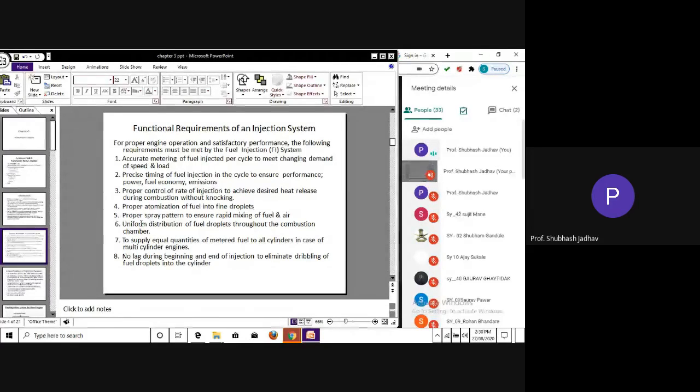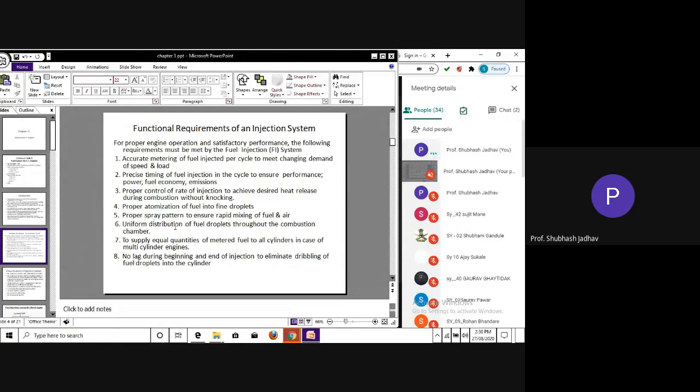The spray pattern is again important. So the spray pattern, whatever you are going to get when you are injecting the fuel into the combustion chamber, becomes a very important parameter, which will ensure that the droplets which are going to form are going to get sufficient amount of air for burning, and they are getting distributed properly in the combustion chamber.